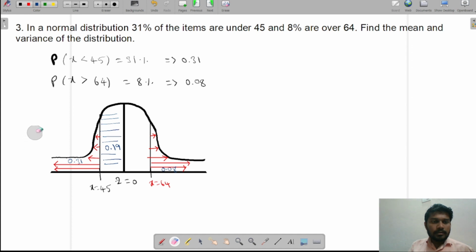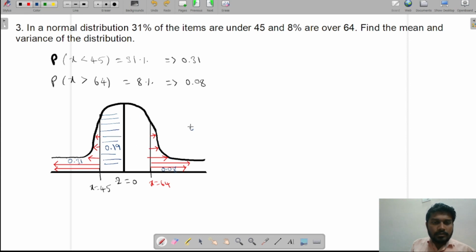Okay, right. So similarly, this total area is 0.5. So we have an area from this line to here is 0.08. If this area is 0.08, then how much area for this empty space?